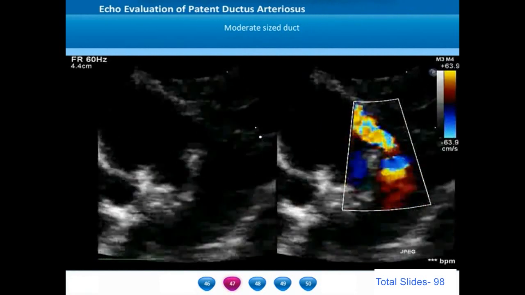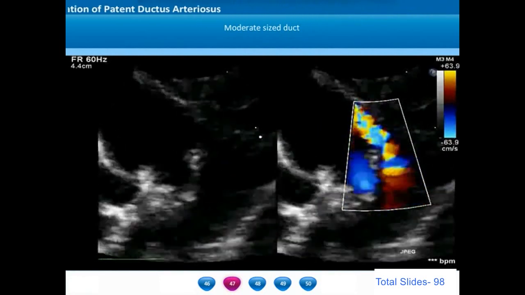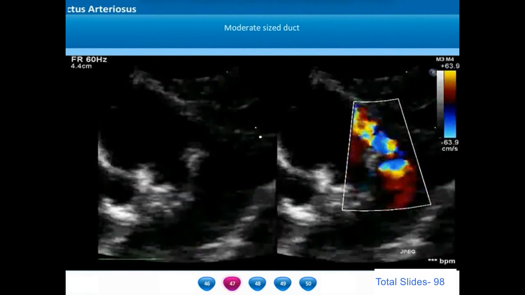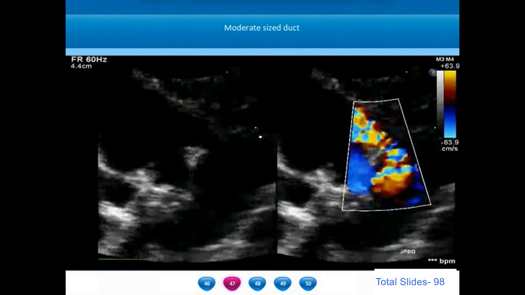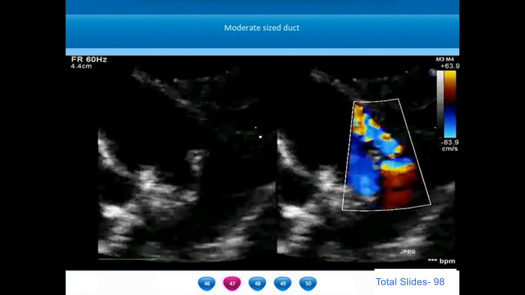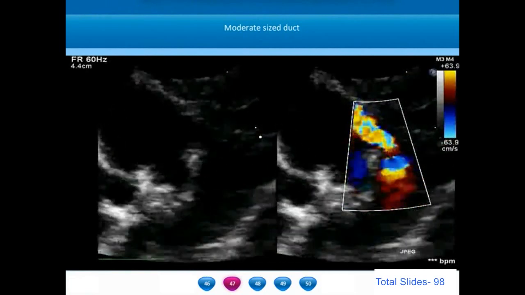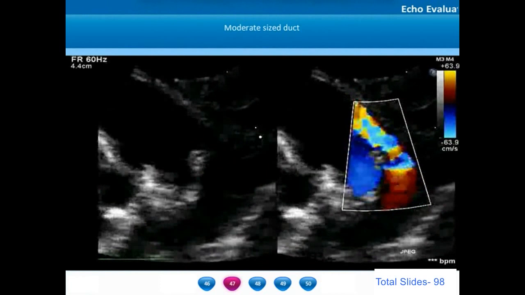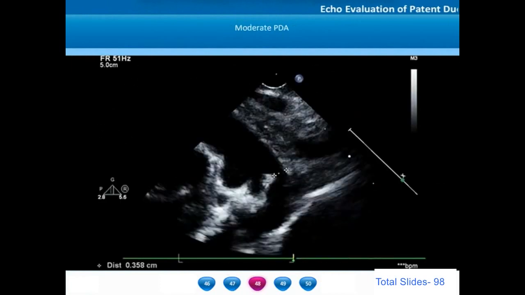After visualizing the ductus in the parasternal long axis ductal view, we magnify in the region of the ductus to take the measurements. The measurement of the PDA in this example is close to 3.6 millimeters.